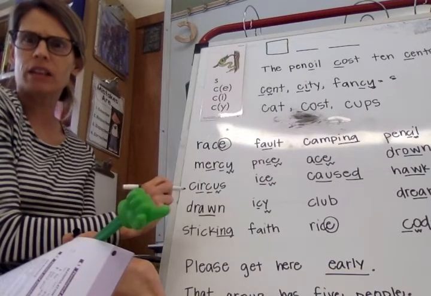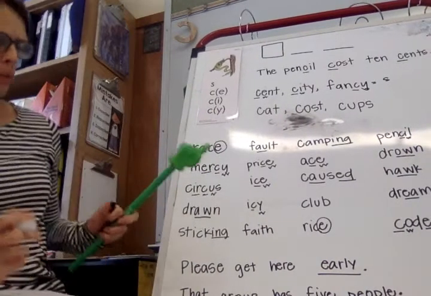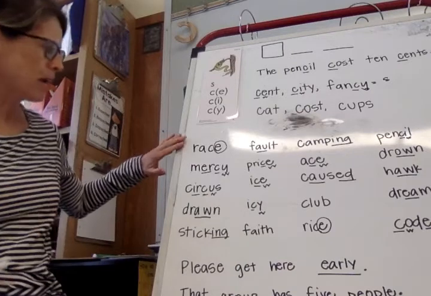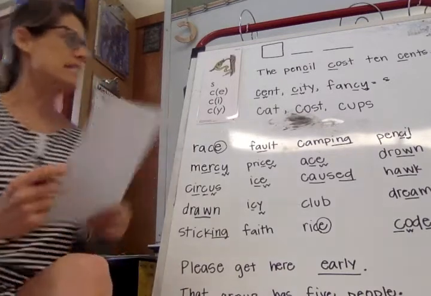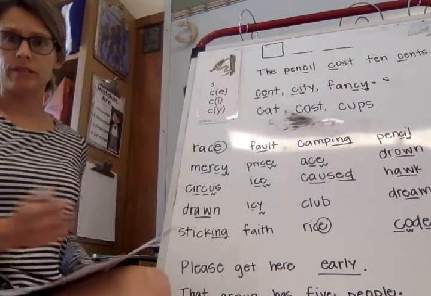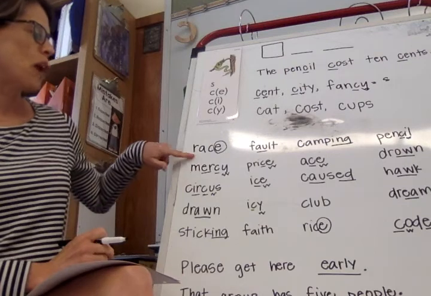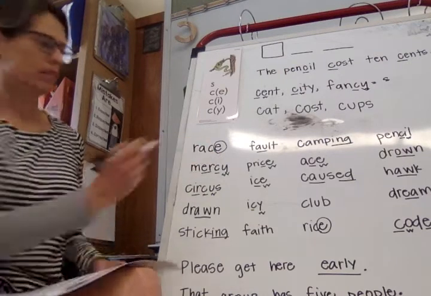This gives us a lot to think about, doesn't it? All right, let's go ahead and read our list. And we're going to probably have some chances to practice this C sound with an E, I, or a Y. Are we ready? Let's start it here. Race.